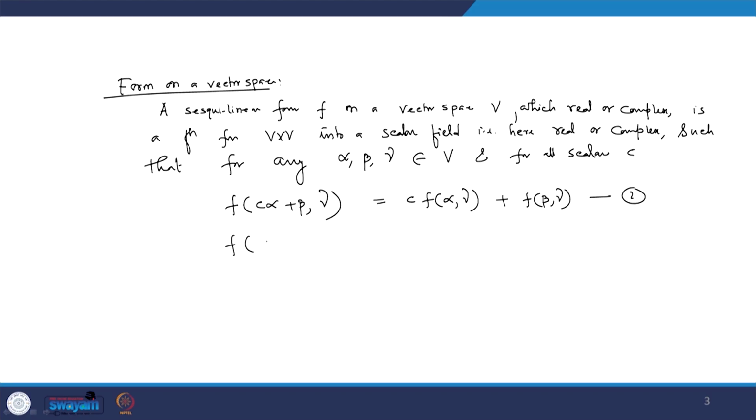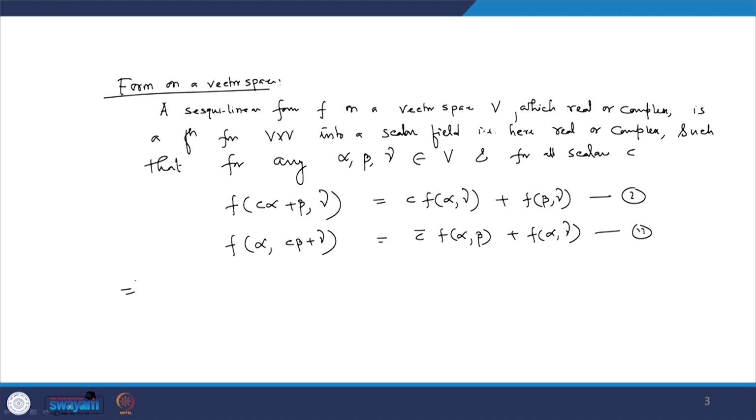Second, f of alpha comma C beta plus gamma equals C bar f of alpha beta plus f of alpha gamma.